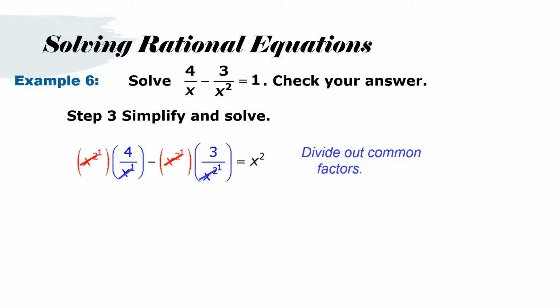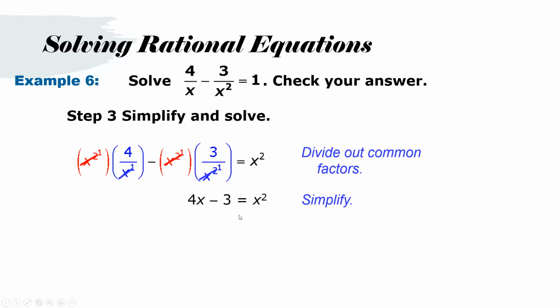Here, x squared divided by x squared is equal to 1. Then simplify. So here, there is still a remaining x, because of the two x's, only one was divided out. So x times 4 is 4x. Here nothing remains, because the denominator is also x squared. So what remains is negative 1 times 3, which equals negative 3.